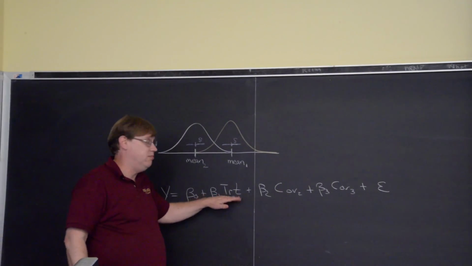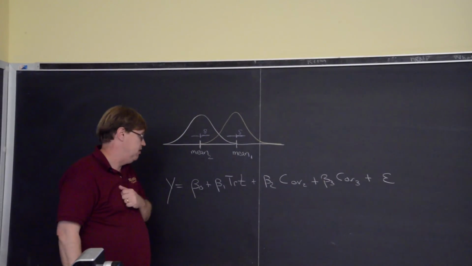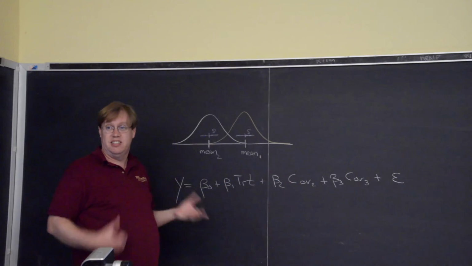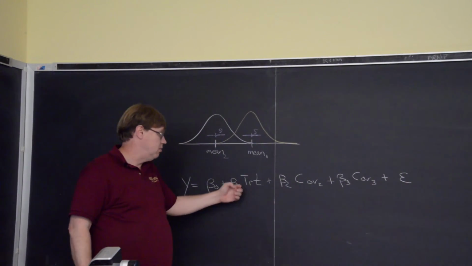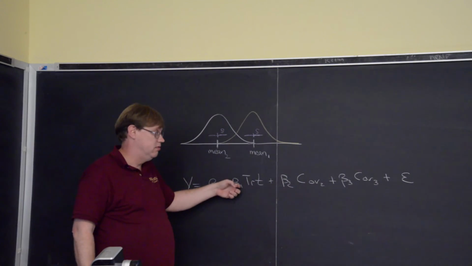Treatment is 1, we're in the treatment, 0, we're not in the treatment. This beta 1 represents the effect. What is the effect of being in the treatment? Okay, so we would look at the estimate of beta 1, right?